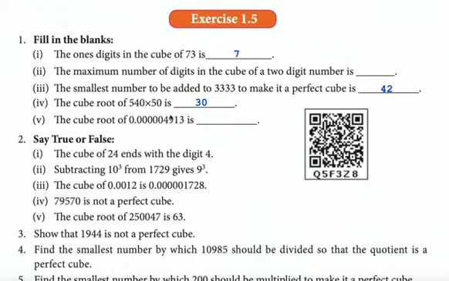13 3 is 39. 13 4 is 52. So 13 3 is 39. 101. 13 8 is 104. 13 7 is 91. 91 means 10, 1 again 103.